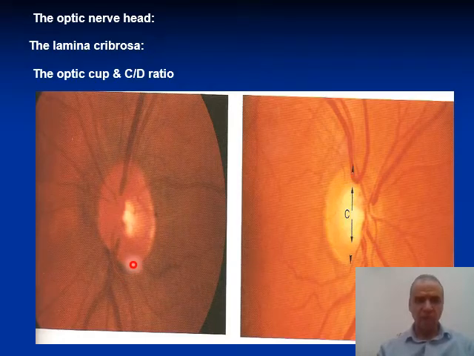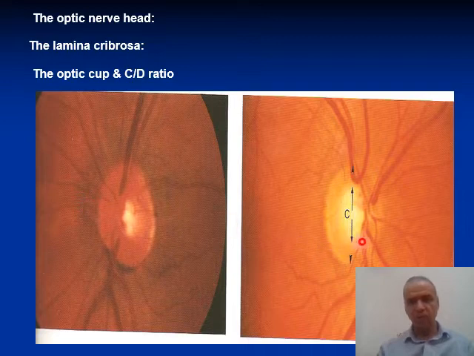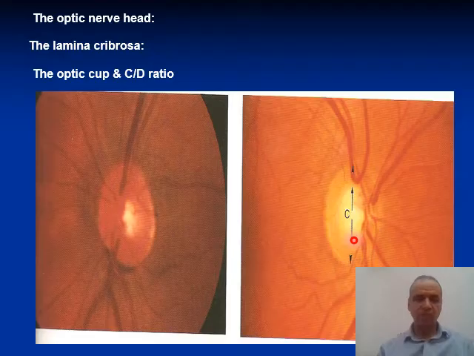And you can write CD ratio is 0.4. So this is a sign of glaucoma. In this patient, the CD ratio may be 0.5 or 50%. This is again a subjective evaluation. It is the evaluation of an ophthalmologist.